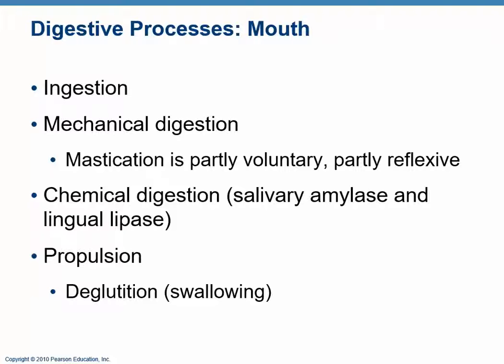Mastication tends to be a voluntary thing. You chew your food. Chemical digestion is the salivary amylase. The lingual lipases don't really start chemical digestion until a little bit later, but they're mixed in there. So the mouth is a part of it. The whole act of swallowing is called deglutition, and it's a propulsive thing.